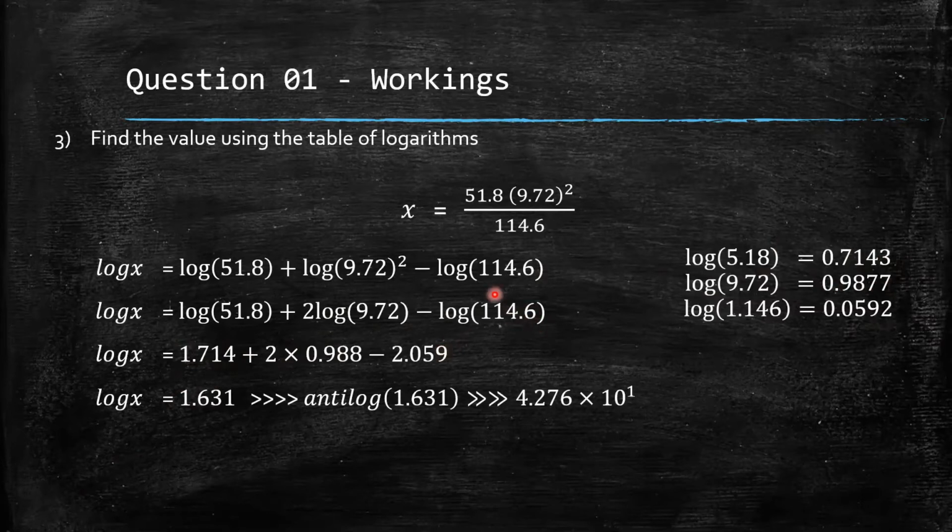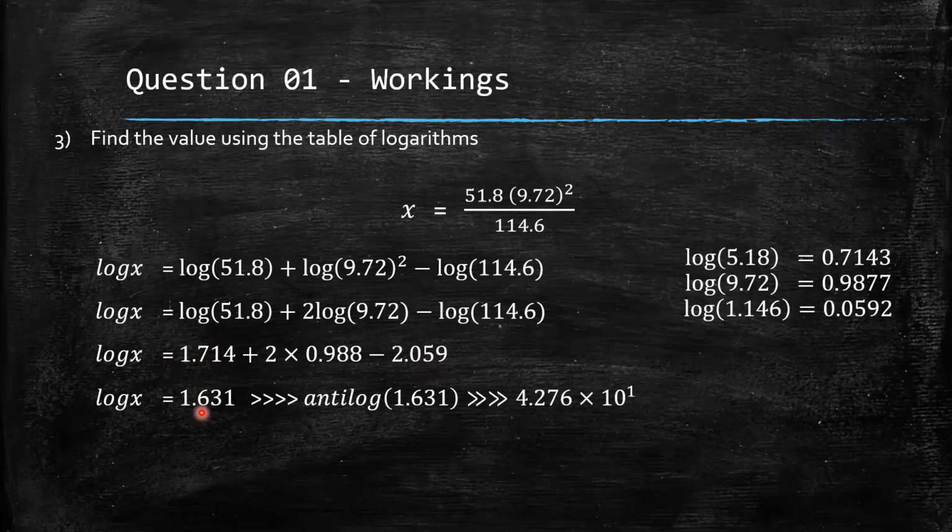And in the third one, 114.6, you need to put 2.059, since you shifted your decimal by 2 points. So I hope you get that answer, right? Then log x is equal to, once you solve this expression, 1.631.